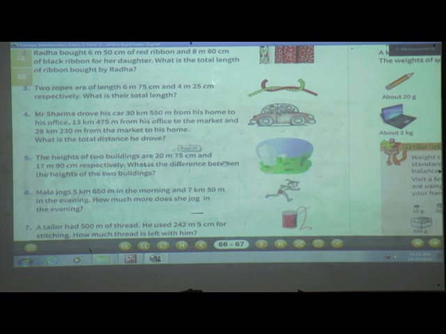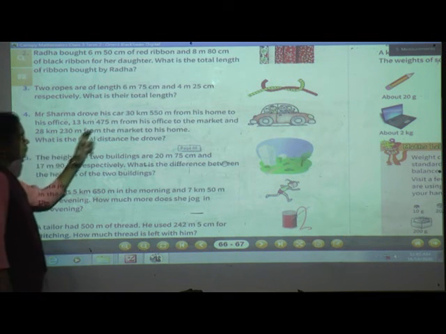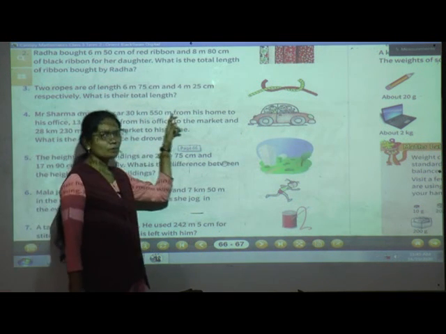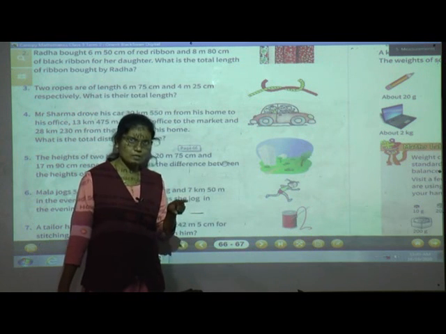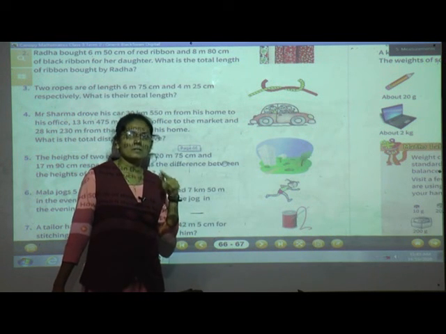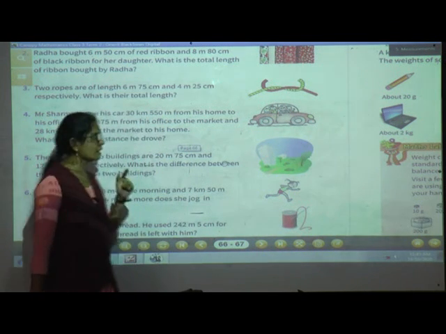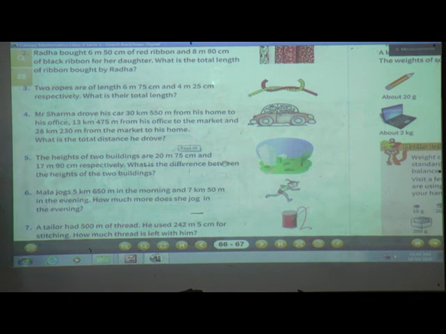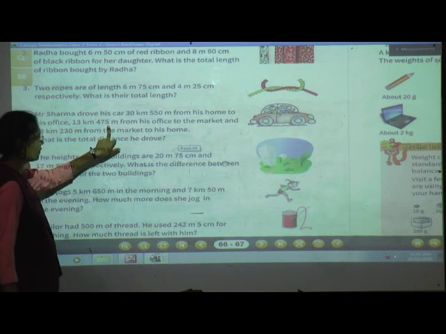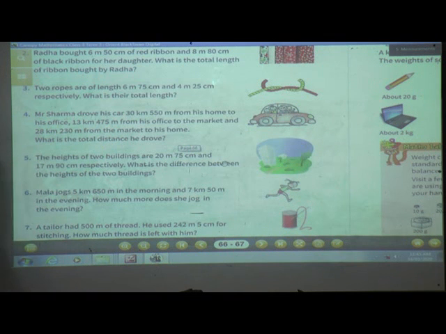See here. First of all, he drove his car 30 km 550 meter from his home to his office. Then from his office to the market he went and the distance was 13 km 475 meter, and then finally from the market to his home he came and the distance was 28 km 30 meter.